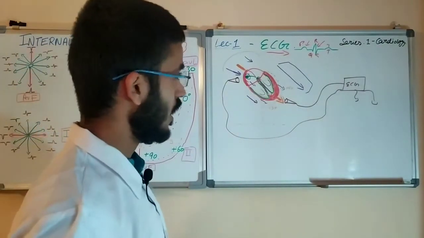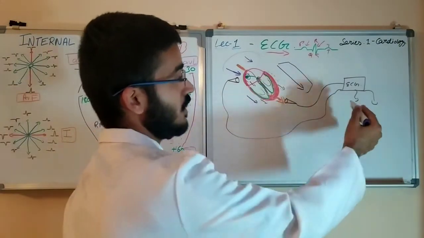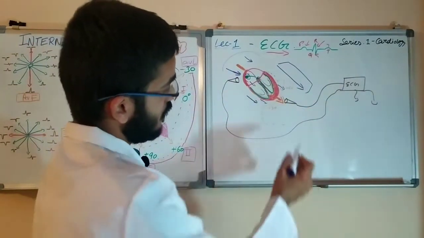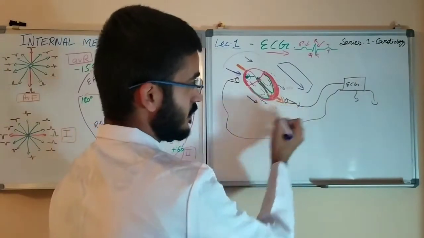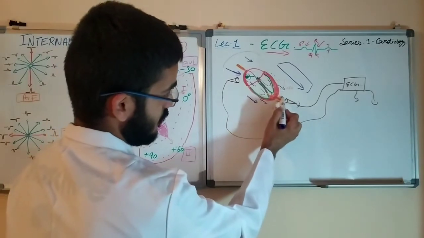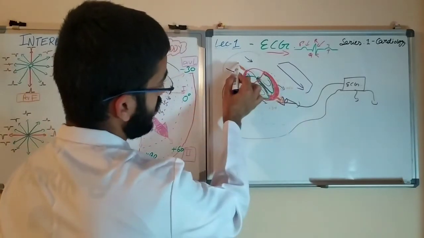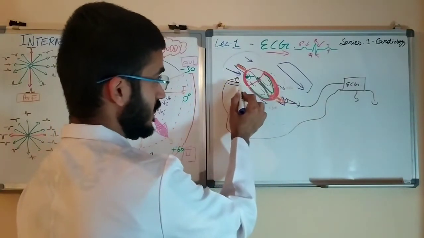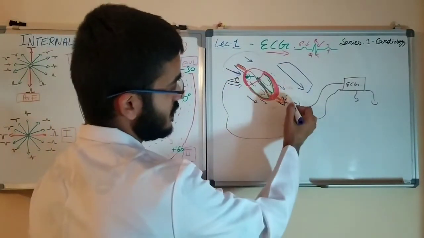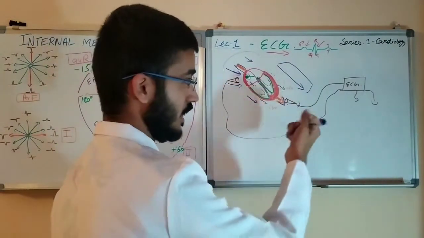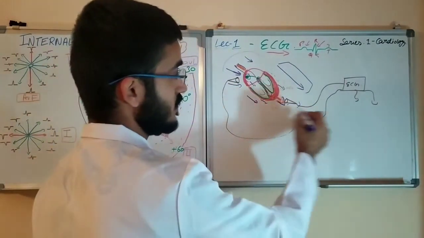So let's see how an ECG is going to present this vector. Here we have placed one lead directly in the direction of the vector. Where is the vector? Here is the final vector that we have set, and another lead is present in this direction. So the eyes of this lead are directly in the direction of the largest vector. How is it going to be presented?